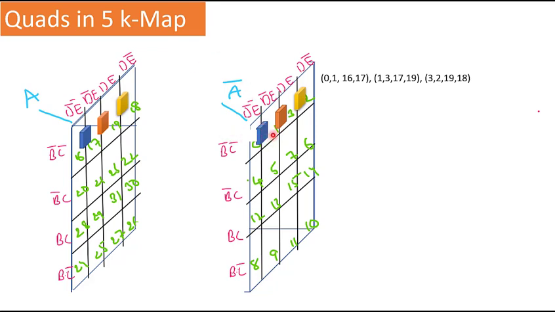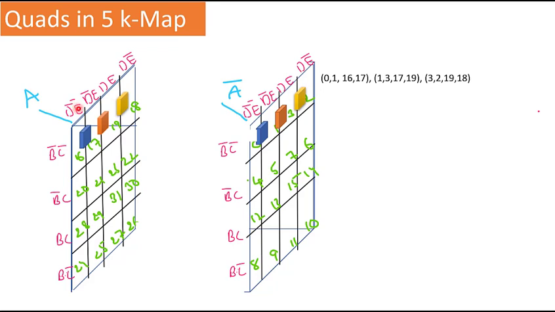And if you form these two this way as a quad, if you look at here, d bar e and d bar e bar, that means your e is getting complemented, so you are going to eliminate e also. That's how you are going to get the final expression as b bar, c bar, d bar for this particular quad. This blue color is one quad, in which you are going to eliminate a because it is getting complemented here.